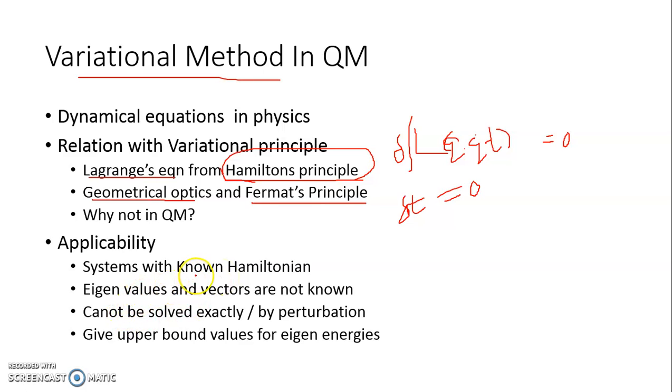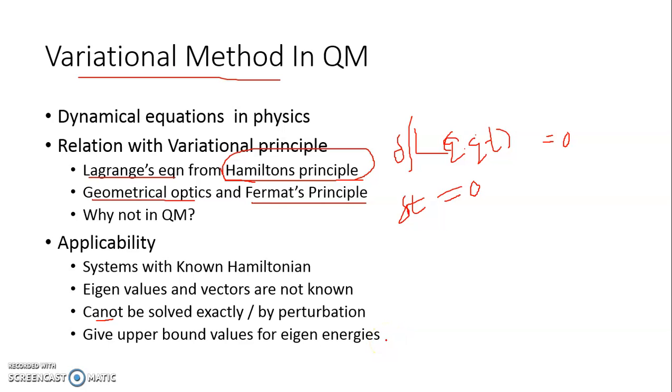And generally this method is a choice when the problem cannot be solved exactly or by applying the perturbation procedure. Generally, the variational method gives you an upper bound value for the eigenenergies.